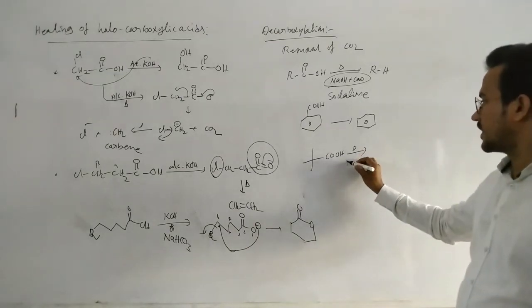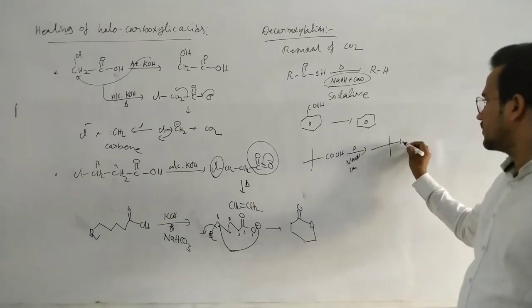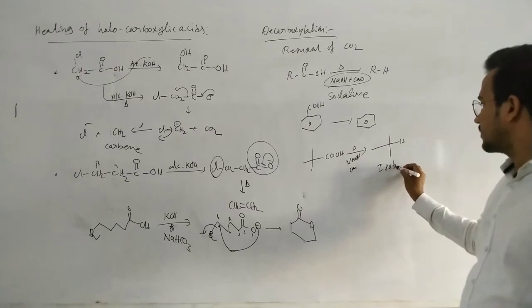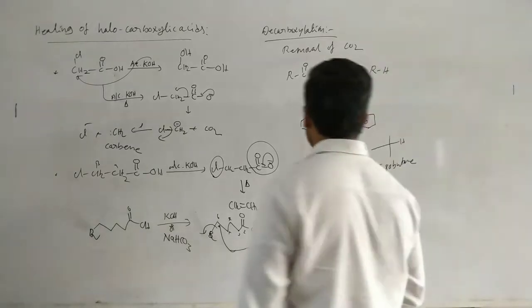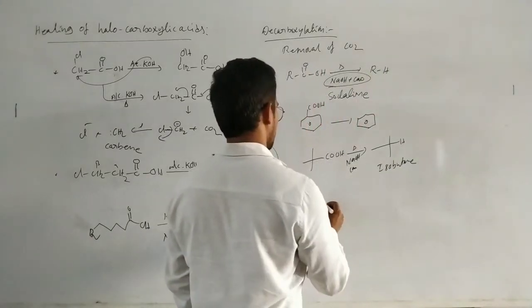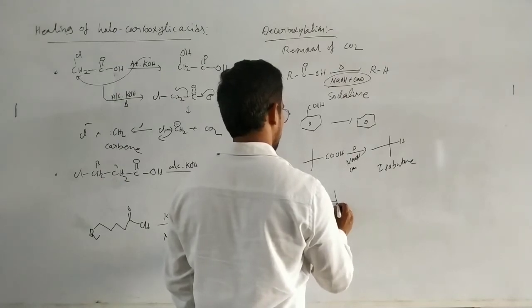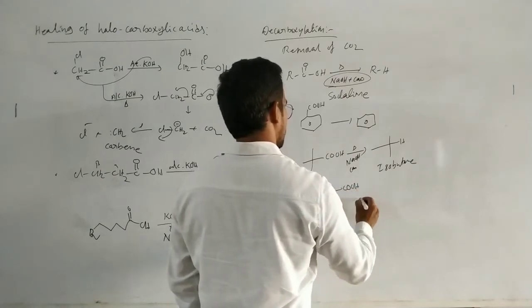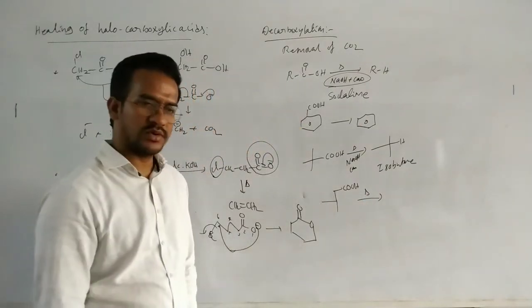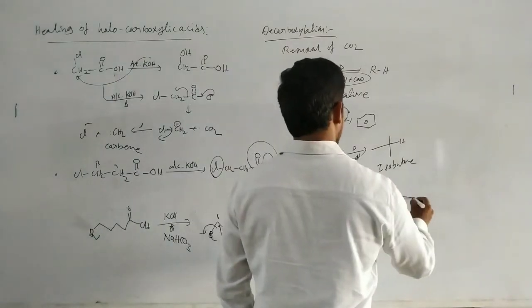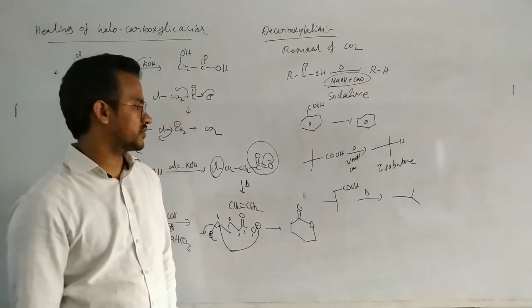This one on heating with soda lime, NaOH and CaO, will give isobutane. For suppose this compound, on heating we can also get the isobutane. This is isobutane, 2-methyl propane.